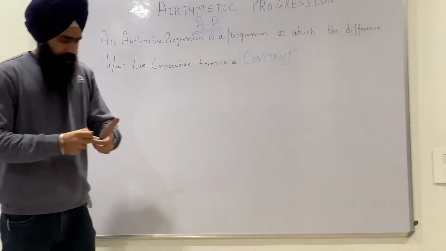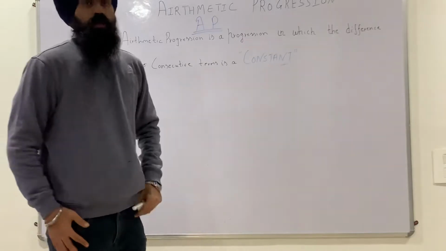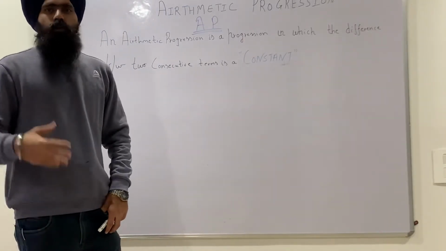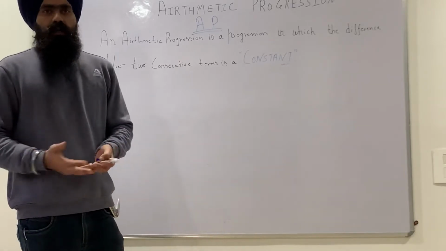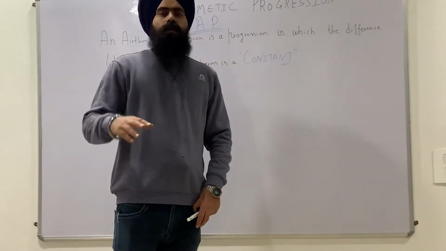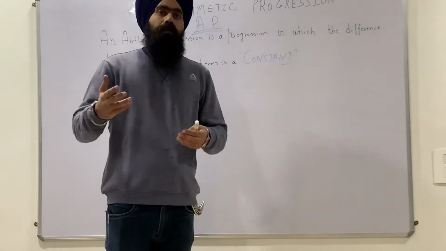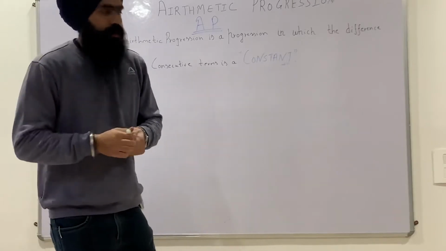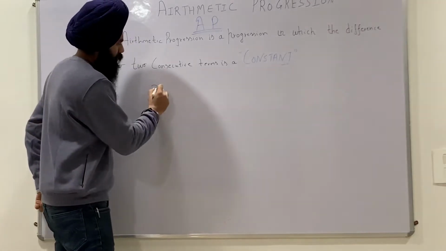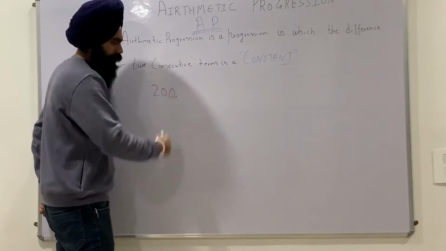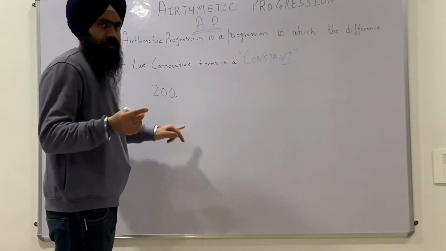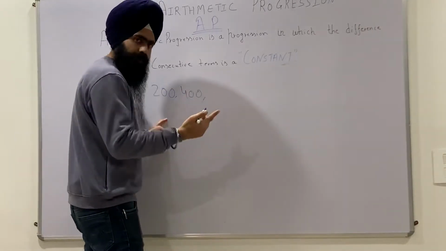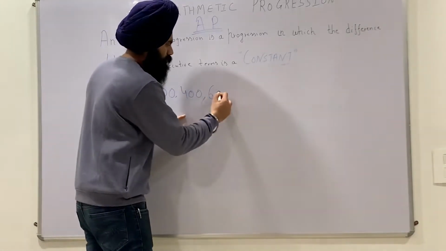Let's see a daily life example where AP is used. Suppose your father gave you pocket money of 200 rupees per month, and now you start studying hard, and your father gets impressed with you and says, from next month, every month I will give you 200 rupees extra pocket money. Right now your father gives you 200, and another month he will give you 200 more. 200 plus 200 means 400, and another month he adds 200, so then it will be 600.